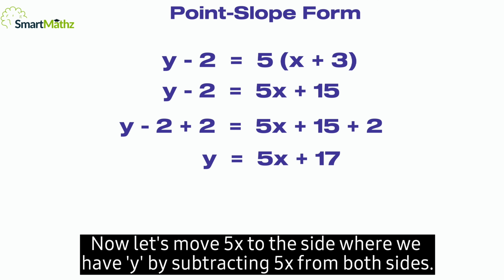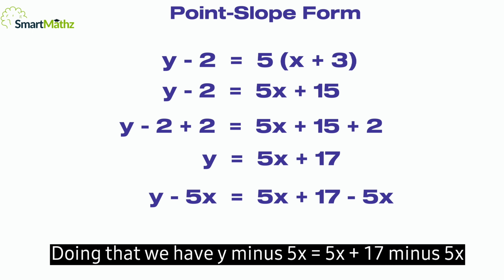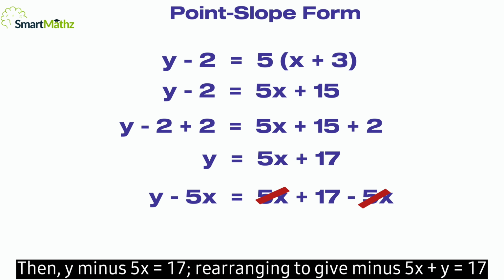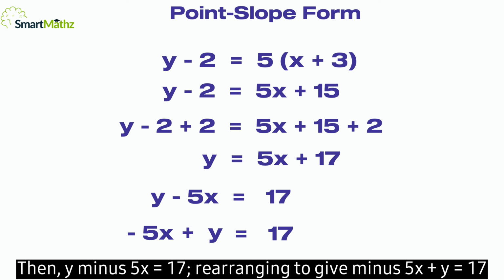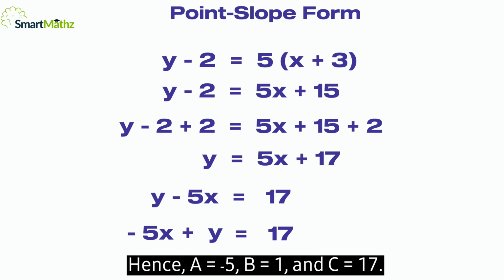Now, let's move 5x to the side where we have y by subtracting 5x from both sides. Doing that, we have y minus 5x equals 5x plus 17 minus 5x. Then, y minus 5x equals 17. Rearranging to give minus 5x plus y equals 17. Hence, a equals minus 5, b equals 1, and c equals 17.